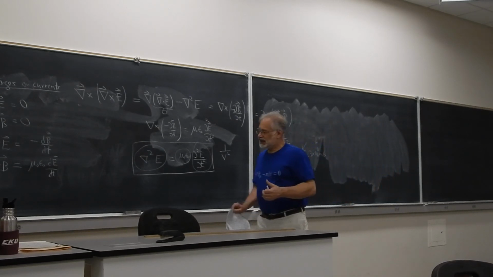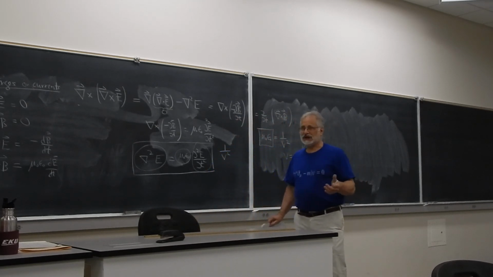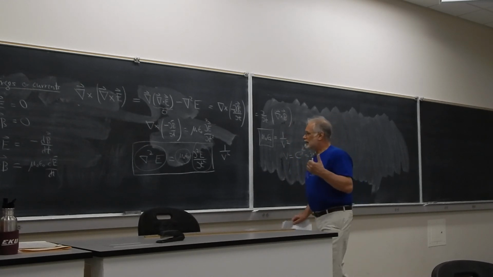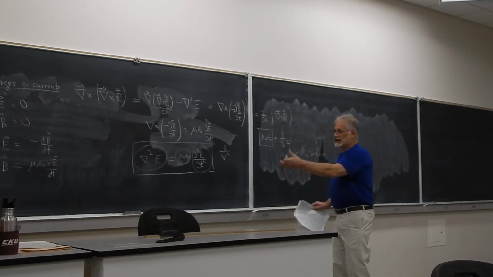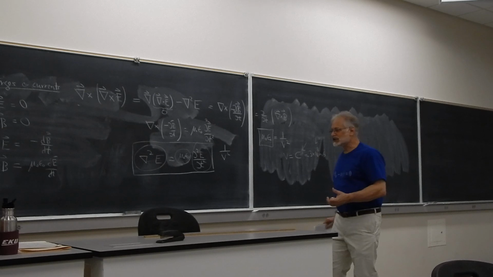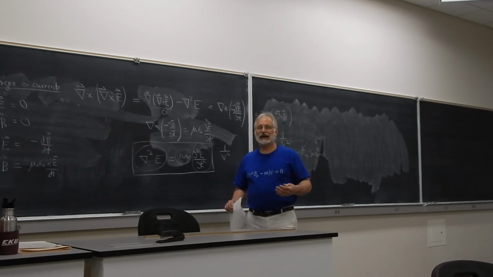At this time in history, in the 1860s, when Maxwell published his work, the speed of light was fairly well known. So this was an amazing discovery. Maxwell unified electricity and magnetism with his modification of Ampere's law, and now what he was able to do with his theory is to predict the existence of electromagnetic waves.